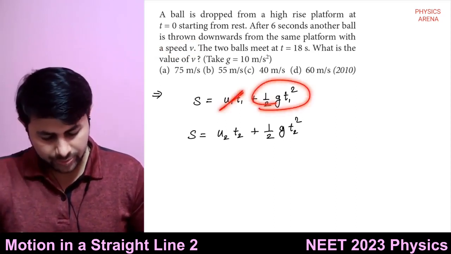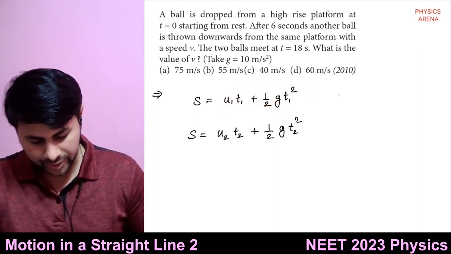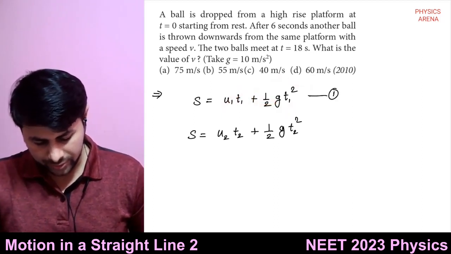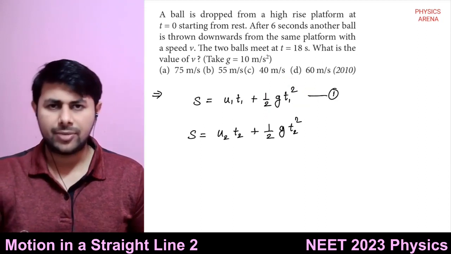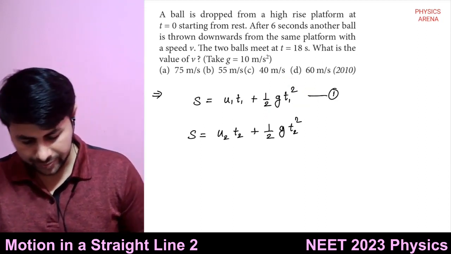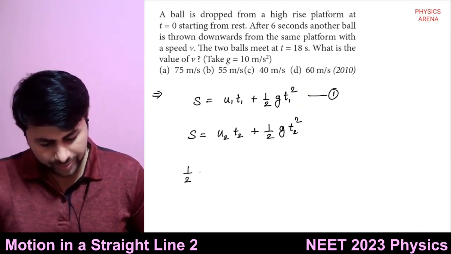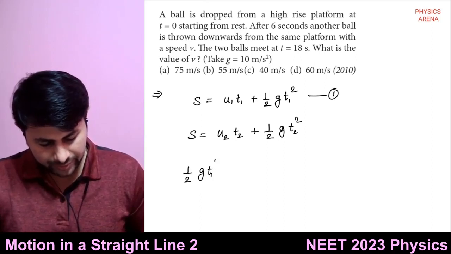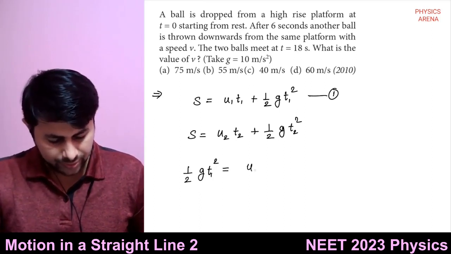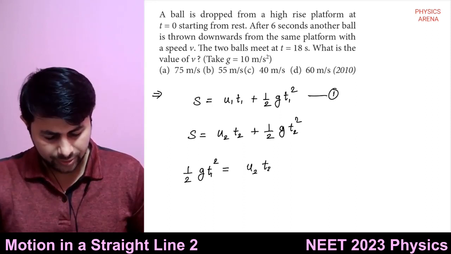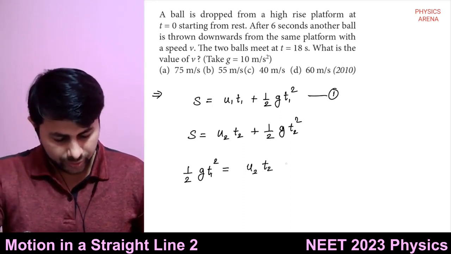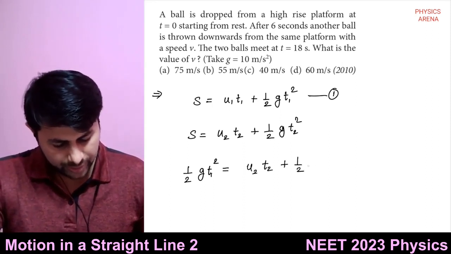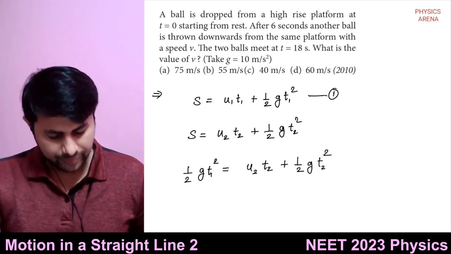In equation 1, u1 is 0, so this is just half of g multiplied by t1 square. So half of g t1 square is equal to u2 multiplied by t2, and u2 is what we have to find out, plus half of g multiplied by t2 square.